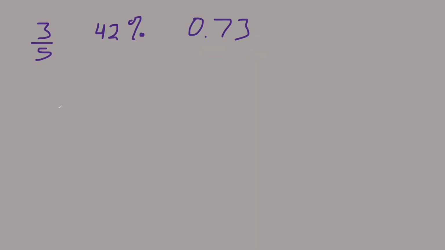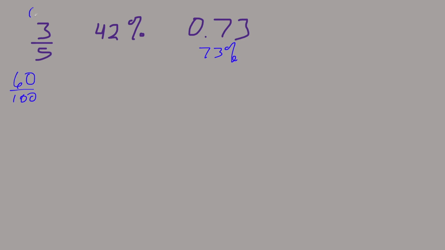Now, when we're comparing fractions, percents, and decimals, it's better if we have them all in the same form. Okay, so for this one here, I'm going to change them all to percents, just because that's what we're working with here. So this would be 73% here. And then this one, I'm just going to change to 100. So I've multiplied by 20, and this is 60.